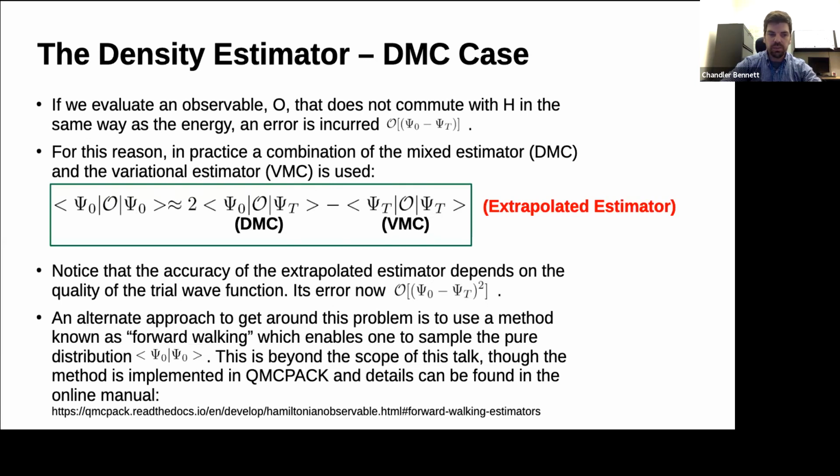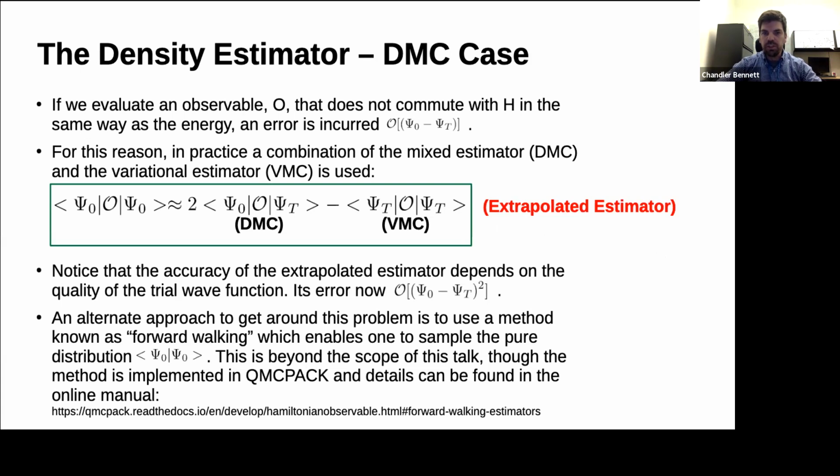And let me also give a brief comment. If you're looking at the scalar quantities that I showed at the beginning, any of those quantities that do not commute with the Hamiltonian, if you want to quote their DMC results, you should use this extrapolated estimator to arrive at their estimates.